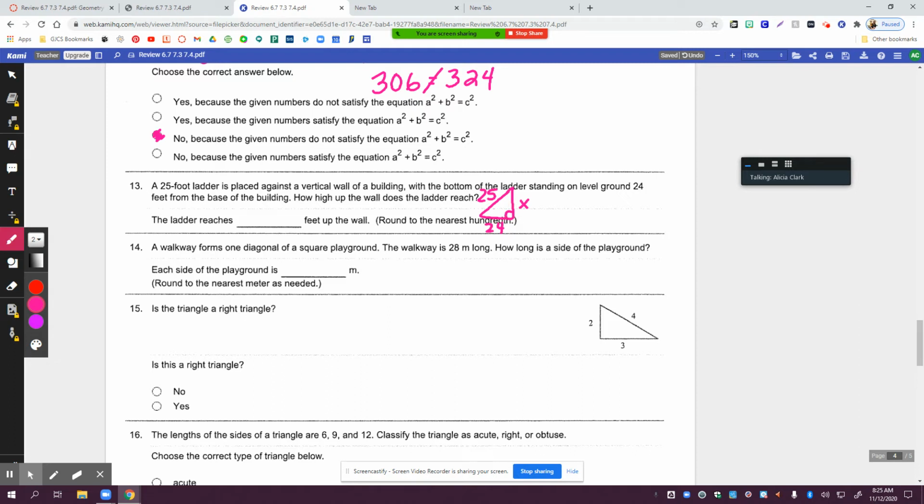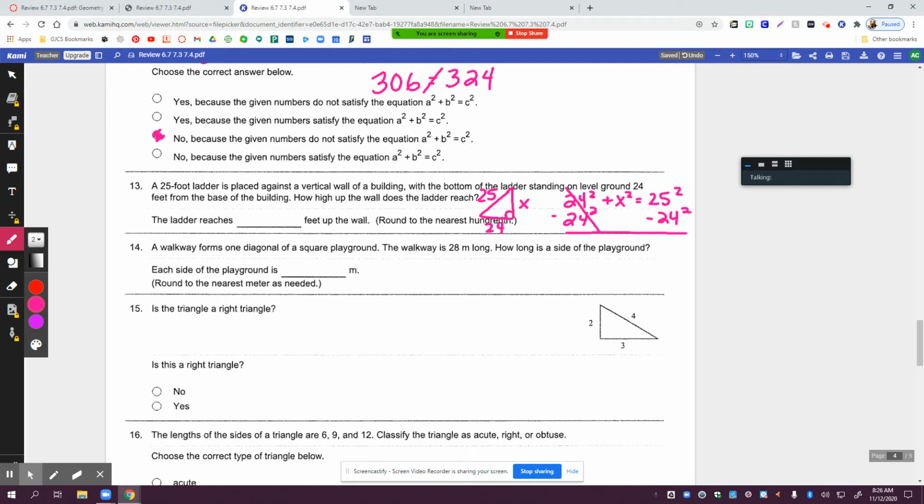The ladder is kind of like the hypotenuse. So 24 squared plus x squared equals 25 squared. And you're going to be solving that. So once you figure out what 24 squared is, you're going to have to move it to the right side and subtract it. What you could also do is just type 25 squared minus 24 squared in your calculator and see what you get.